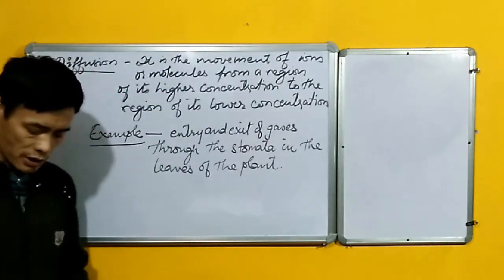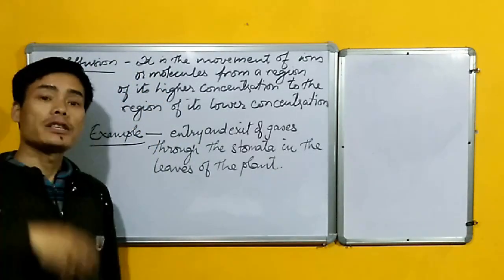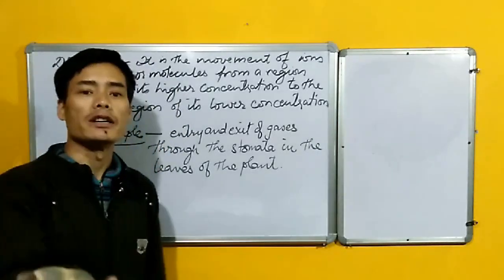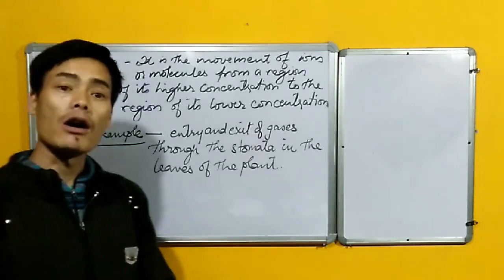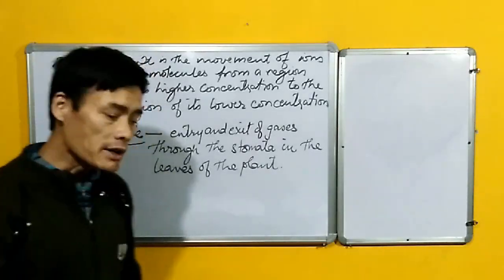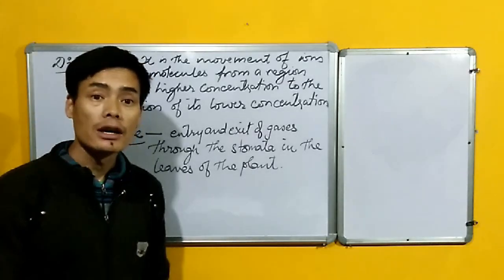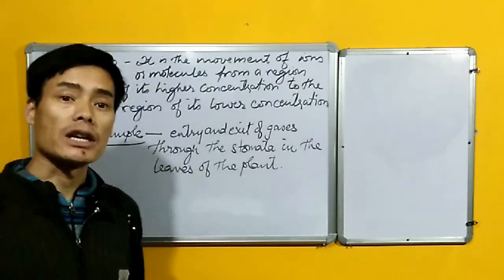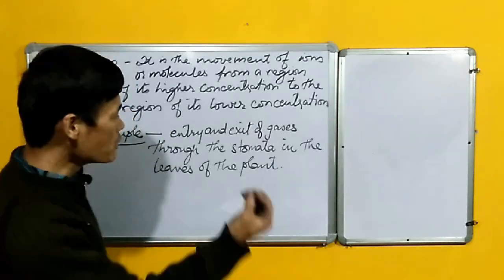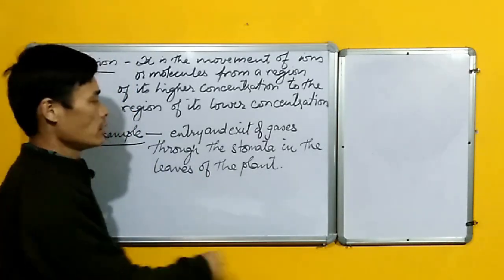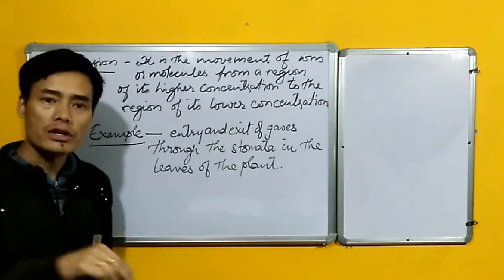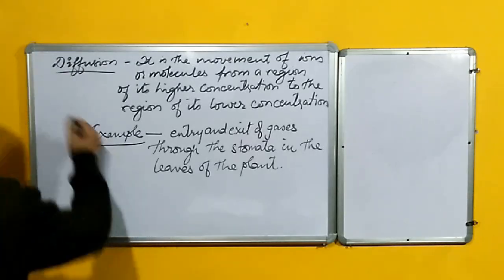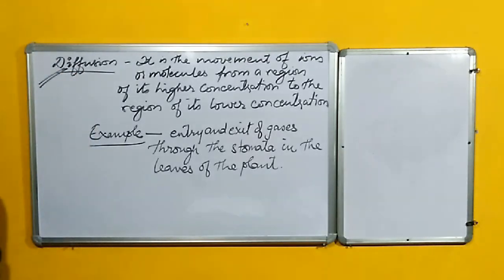We know that oxygen is produced by the plant, and this diffuses out into the external environment through the stomata. And we also know that carbon dioxide is necessary for the plants during the process of photosynthesis, and that carbon dioxide from the outside environment makes its entry into the plant body through the stomata. And both the entry and exit of oxygen and carbon dioxide is a process called diffusion.